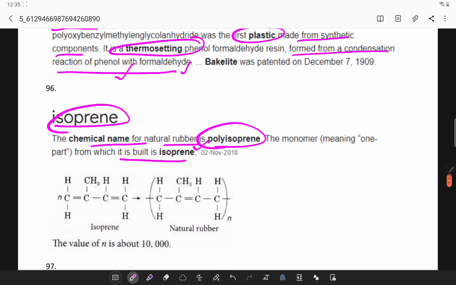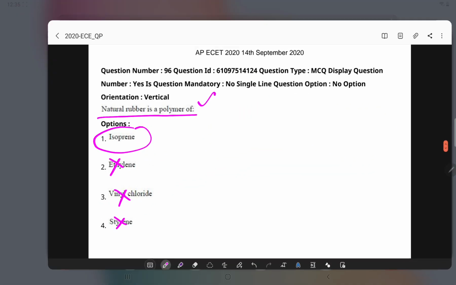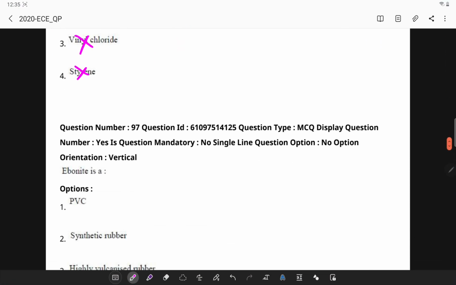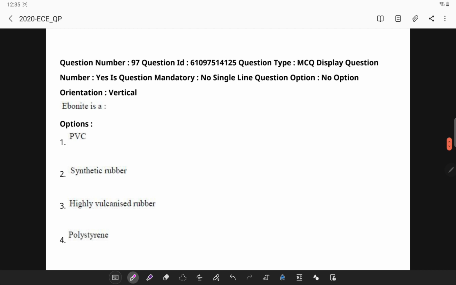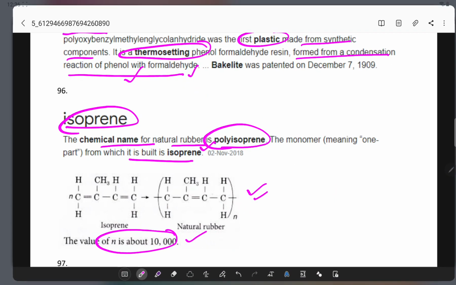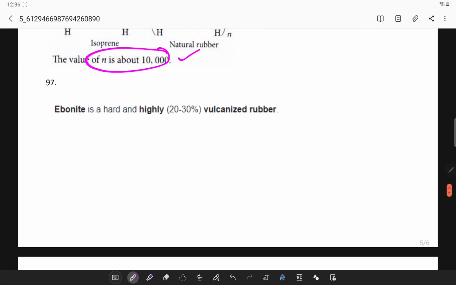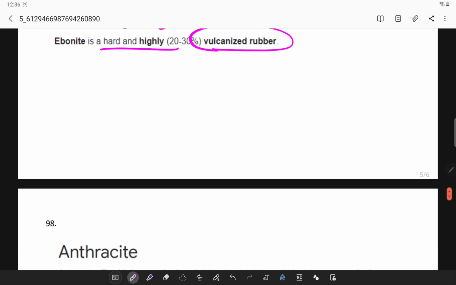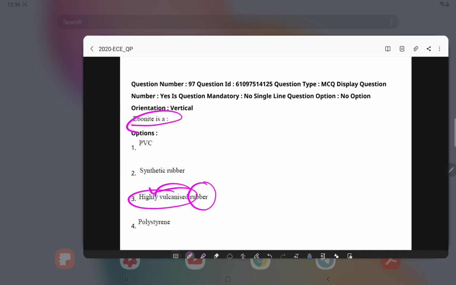So it is built by isoprene, and here the value of n is the representation of it. Next, so ebonite is nothing but rubber which is highly vulcanized. So vulcanization is a process. So ebonite is a hard and highly vulcanized rubber.